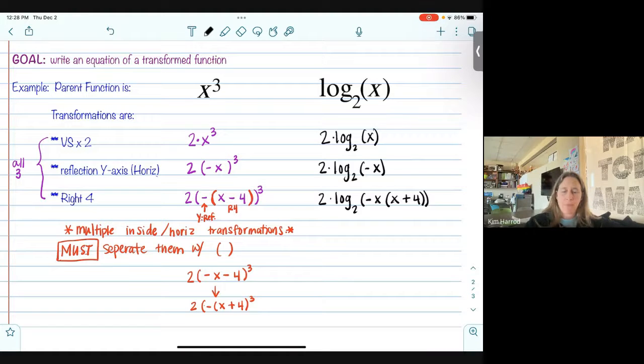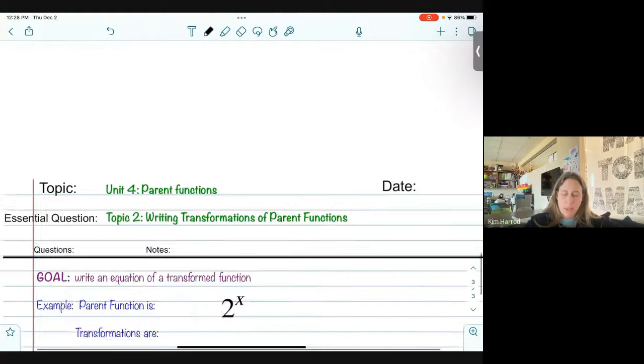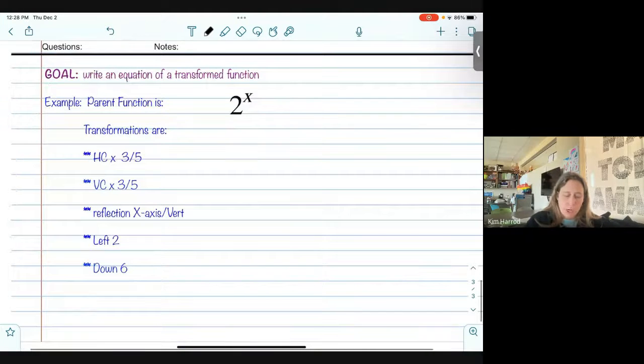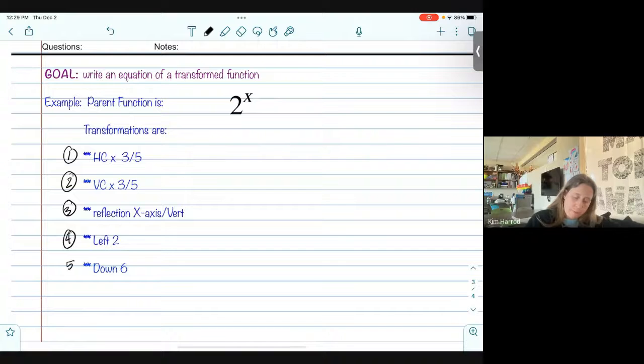All right, I got one more. We went from 3 equations with 2 things to 2 equations with 3 things. My last one is 1 equation and 5 different things.